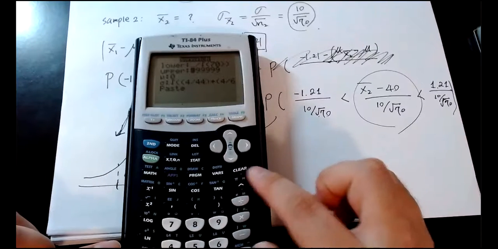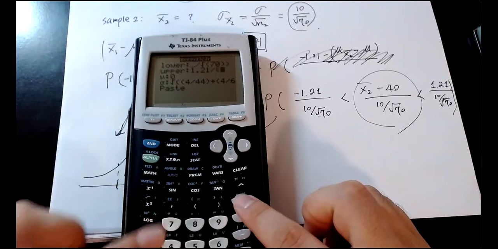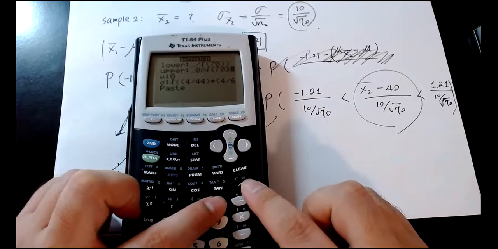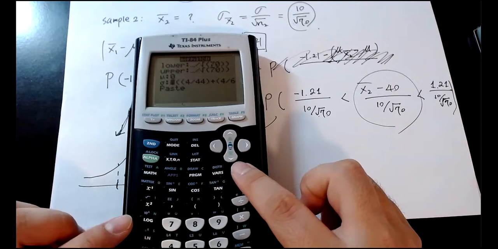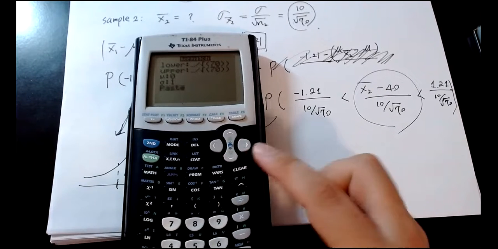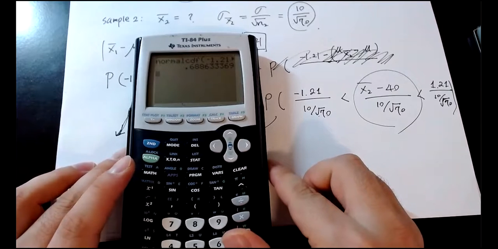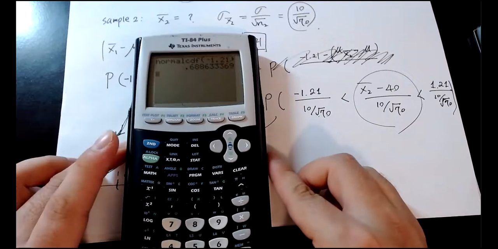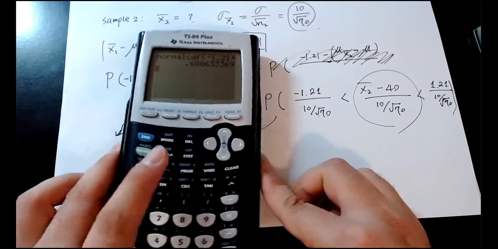The upper bound is 1.21 divided by 10 divided by square root of 70. The mu must be 0. The sigma must be 1, because it is the standard normal distribution. So the answer is 0.6886. The problem says to round to 3 decimal places, so 0.688 must be the answer.